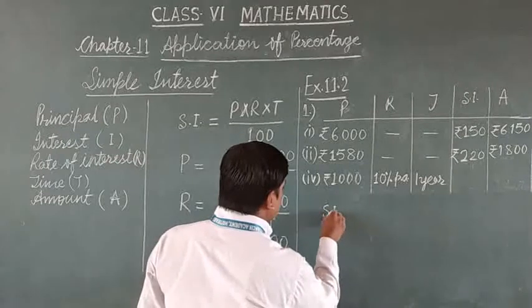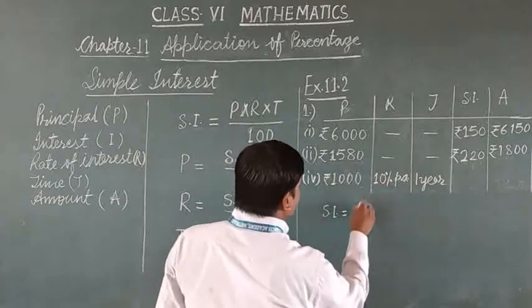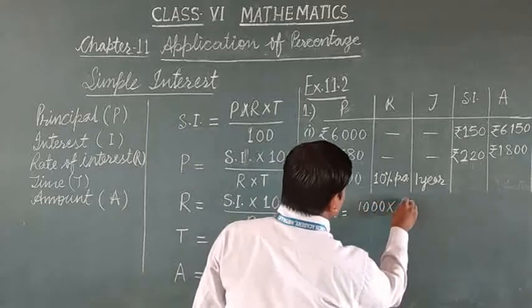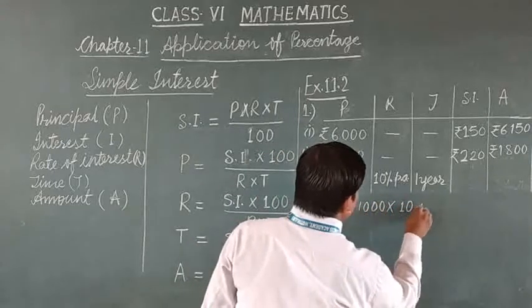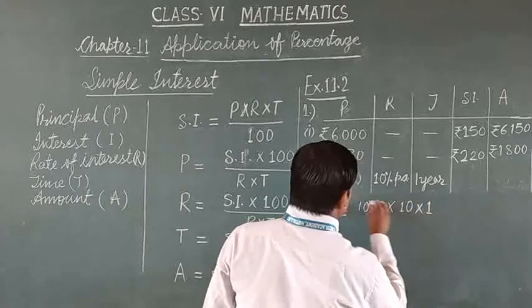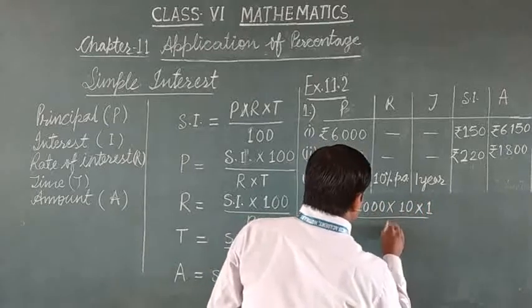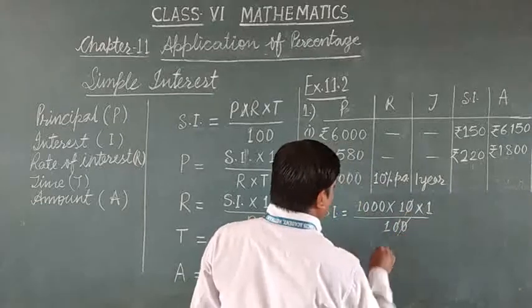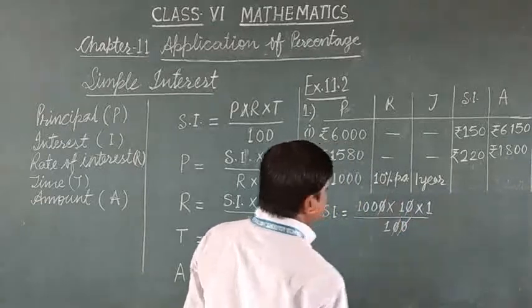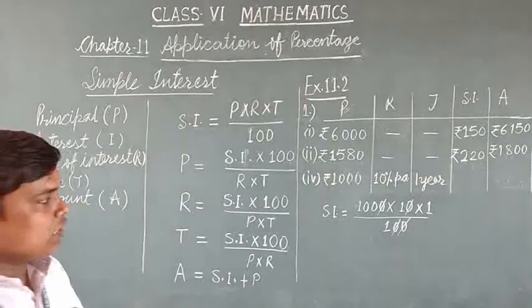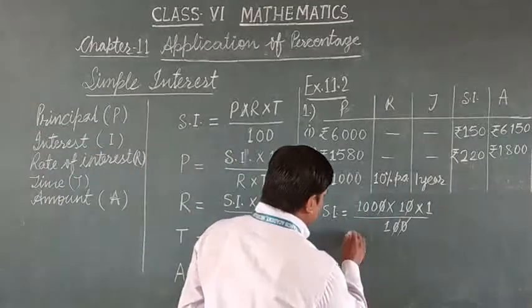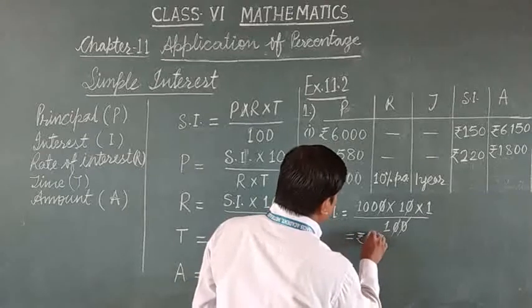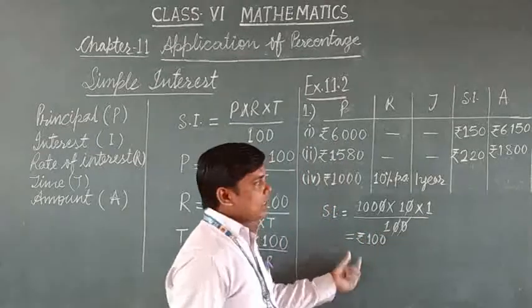SI is equal to P 1000, R 10, T 1, by 100. 10 10 cancel. So it is coming 100, that is SI coming rupees 100. So we will write rupees 100 here.